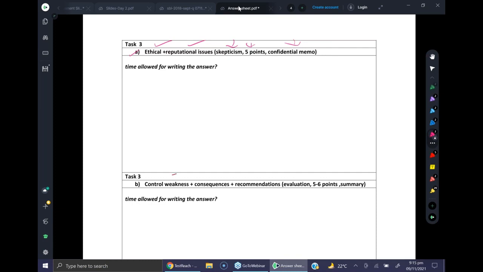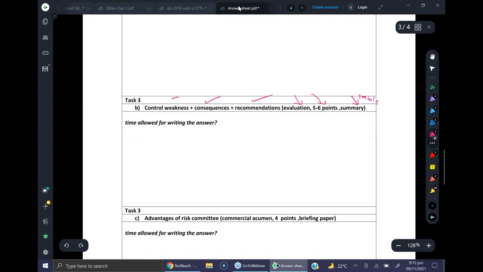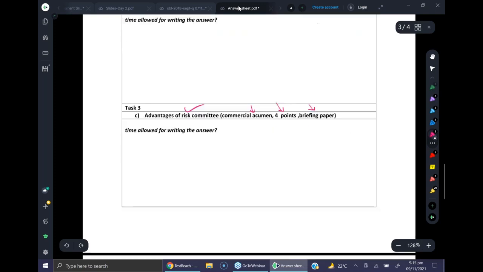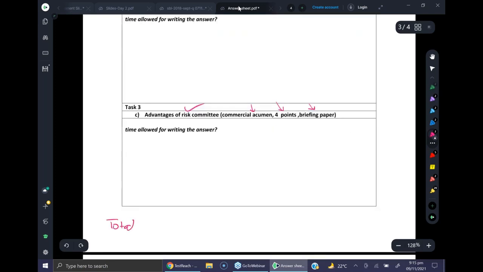For the B requirement, control weakness, consequence, recommendations, evaluation skill is tested. 5 to 6 to 7 points need to be discussed, and for the summary, a table can be inserted. And the C requirement is advantages of a risk committee, commercial acumen scale, 4 points, briefing paper. And the total time allowed for this requirement is 80 minutes. You can split the time between the tasks as well.